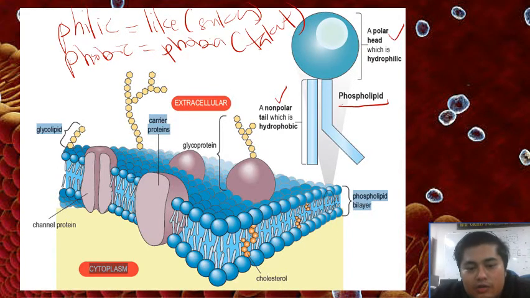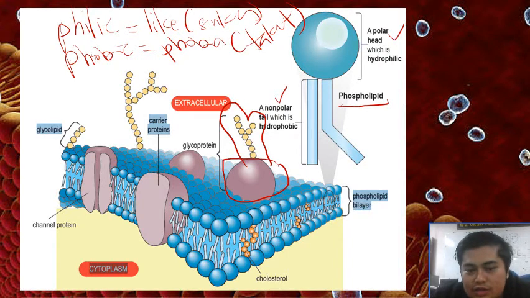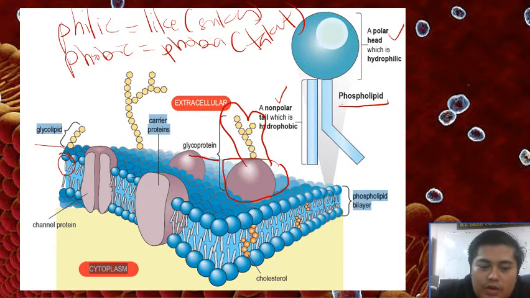So kalau korang perasan kat sini, if you notice here, in the extracellular, we have a protein that attached to a carbohydrate chain. So if the carbohydrate chain is attached to the protein, we call them as glycoprotein. And if it's attached to the lipid layer here, so we call them as glycolipid. Okay.